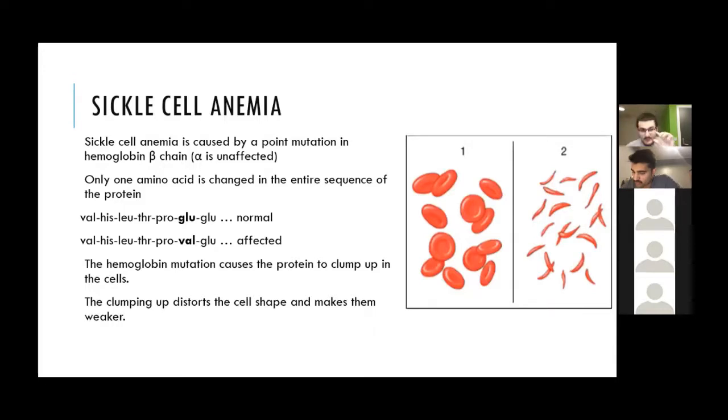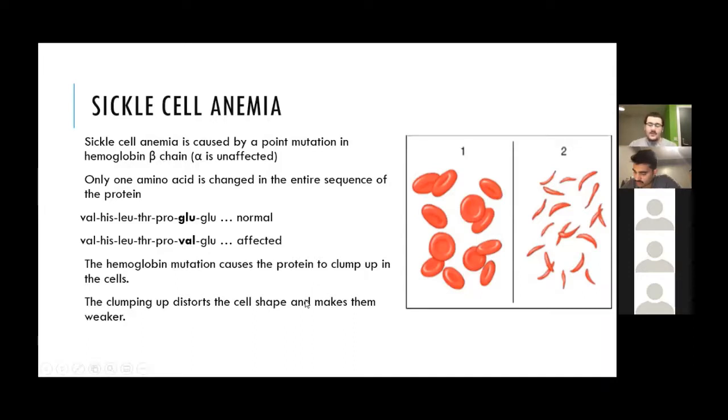And the mutation is that only one amino acid is changed in the entire sequence of the protein. As you can see here, the glutamine amino acid in the normal subtype gets changed to a valine amino acid in the affected subtype. And this is what causes the mutation.